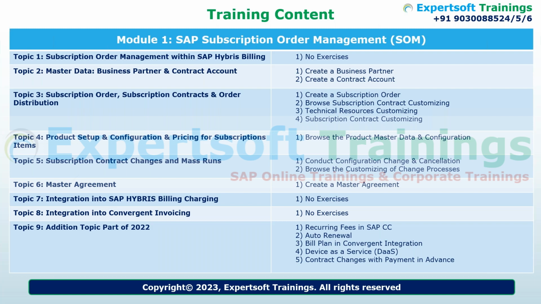It's a high-level view of how subscription runs, and the master data model. Anything you need to sell in the industry, you need to have master data as a background. When I say master data, it is business partner, contract account, material master, product setup, everything comes under master data.